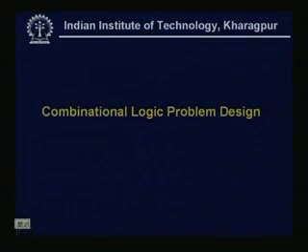So, we are discussing how we can design the combinational problems or complex combinational problems using fundamental circuits like decoder, multiplexer, adders, etc. Last day we have discussed how we can design combinational circuits using multiplexer, the generalization of that design.